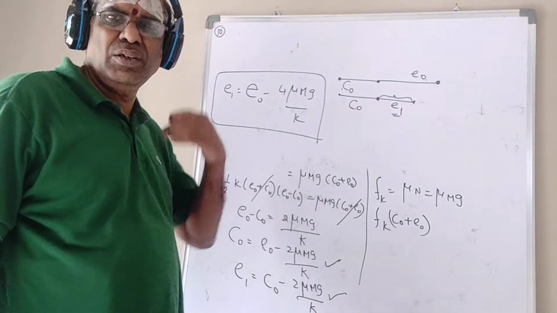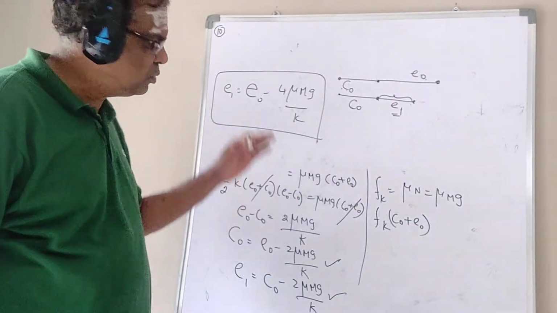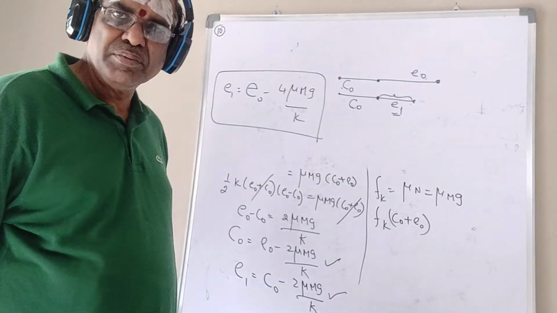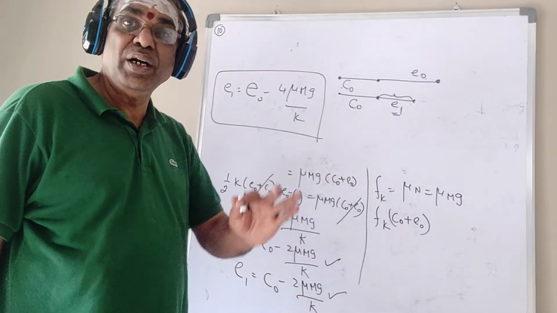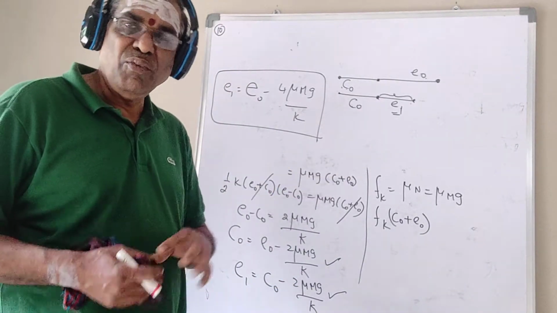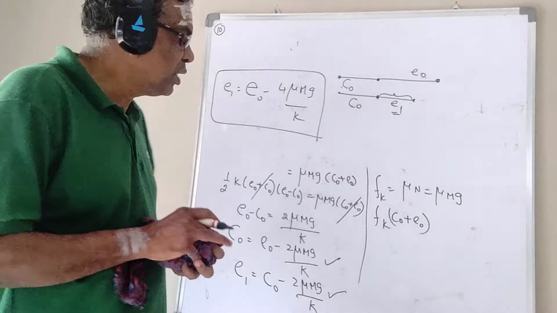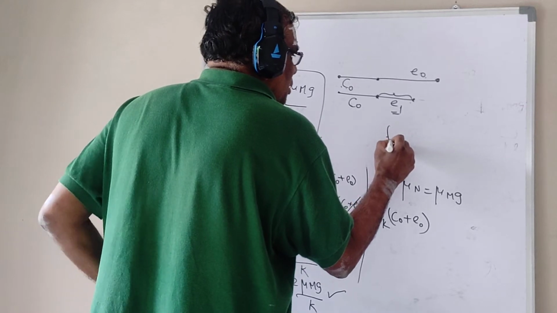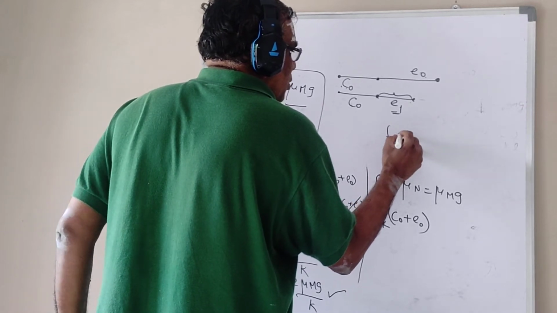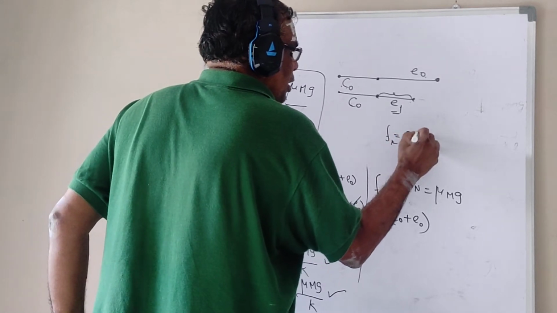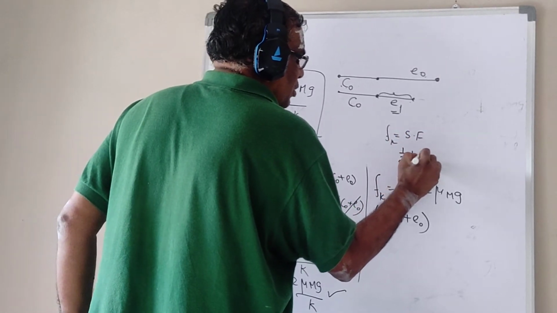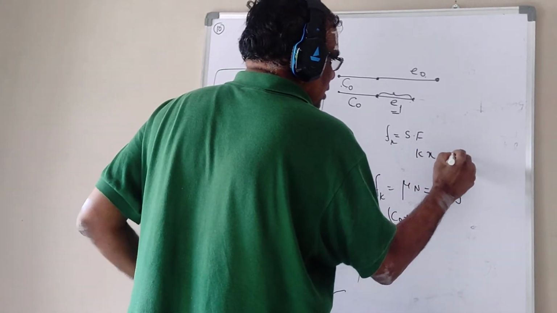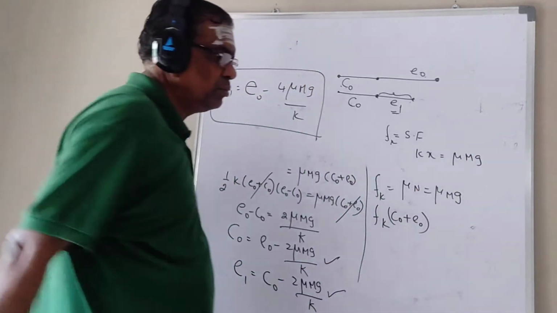You can go on writing this: find out C1, E2, C2. There is no end to it. How long does this continue? Till the body stops. Where does the body stop? The body stops when the frictional force is equal to the spring force, Kx equal to mu mg.